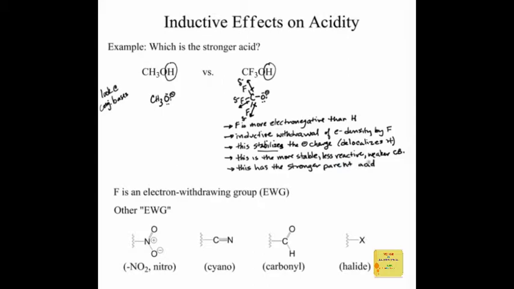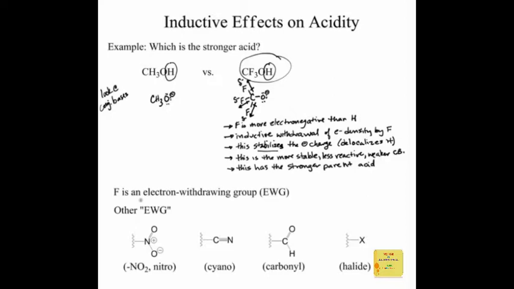So that was our original question: which is the stronger acid? The acid with the fluorines on it is going to be the stronger acid. This is more likely to donate its proton because the resulting anion in the conjugate base will be stabilized by the fluorines, the inductive effect of the fluorines.